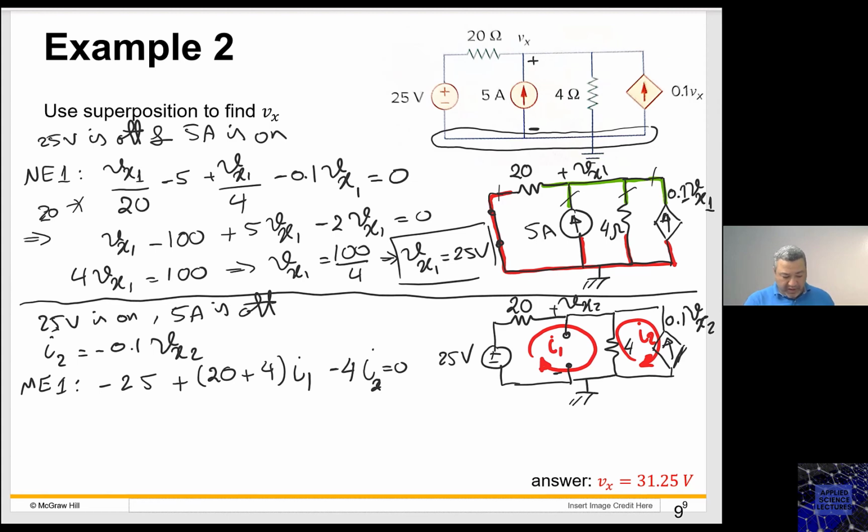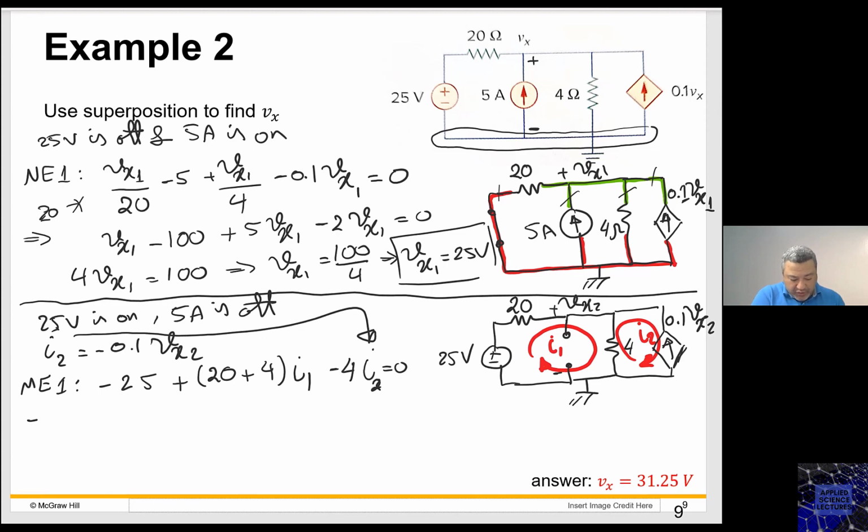Now, if I take this I2 and substitute it here, now I need to come up with a relationship. So let me put I2 here. Substituting I2: minus 25, or I can take the 25 to the other side.